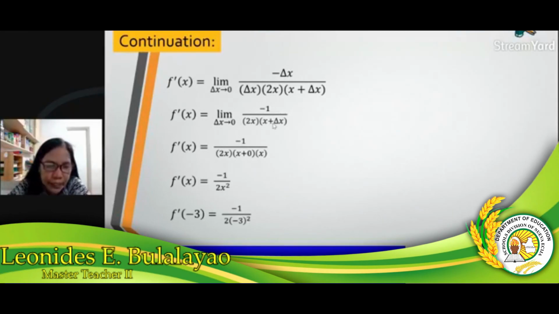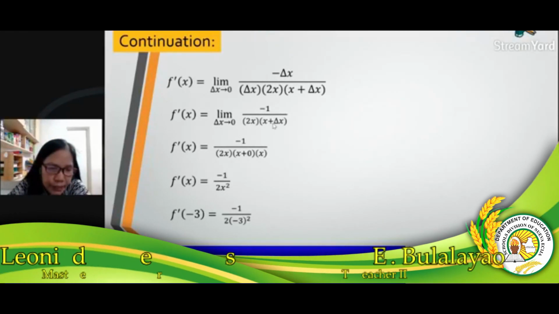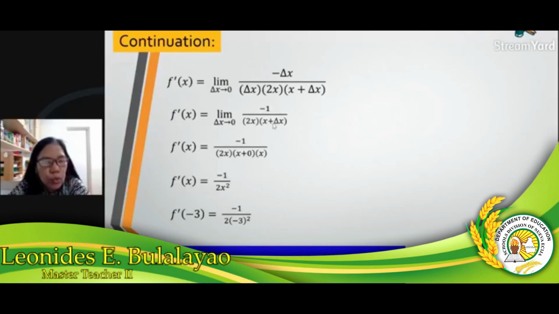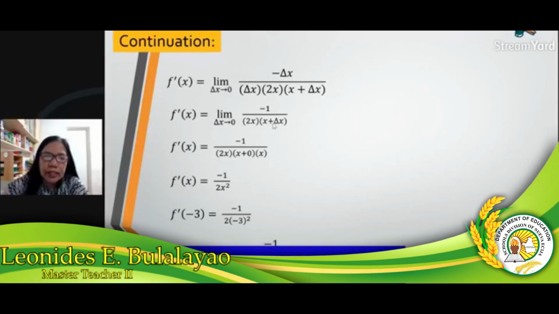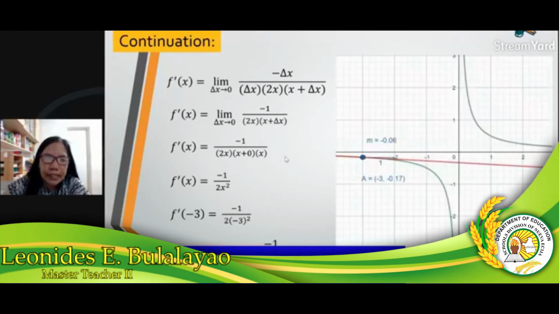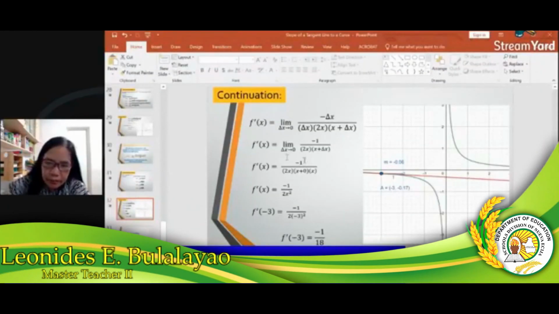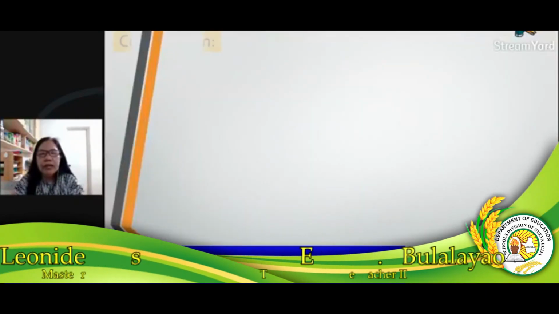And then plugging in, f prime of negative 3 is negative 1 all over 2 times negative 3 squared. So negative 3 squared is 9, times 2. So we have negative 1 over 18. So let us check here using GeoGebra.